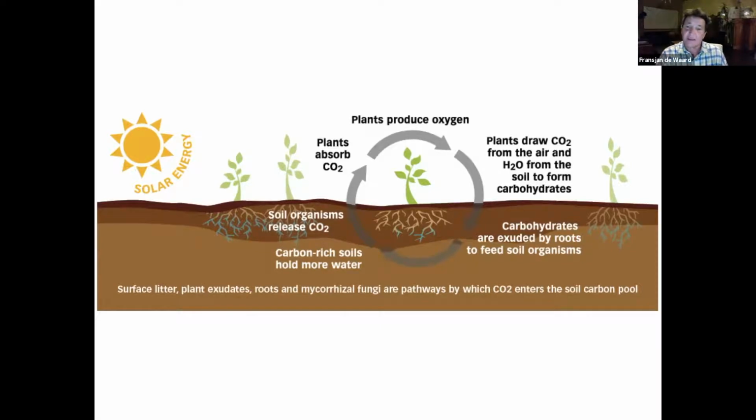And if we want to raise the organic matter in the soil, which would be part of sequestering carbon, most people would think, okay, then this is about composting. It's about taking care that the manure goes back to the land.